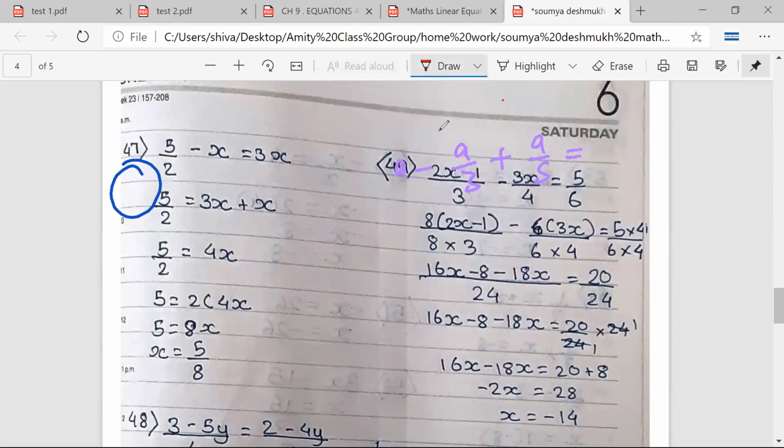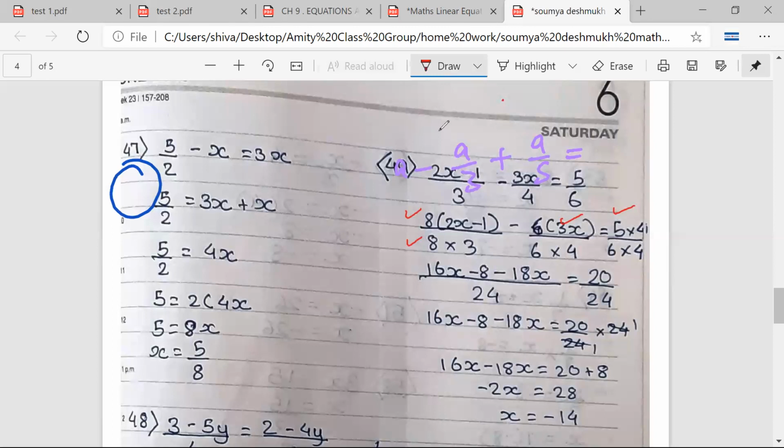The question is 2x minus 1 upon 3 minus 3x upon 4 is equal to pi by 6. Okay. So what do you want to do? You multiplied by 8, okay. Here you multiplied by 6, okay. Here you did it by 4, so 6, yeah. So if we make the denominator the same as that, okay? Yeah, absolutely, it's okay.